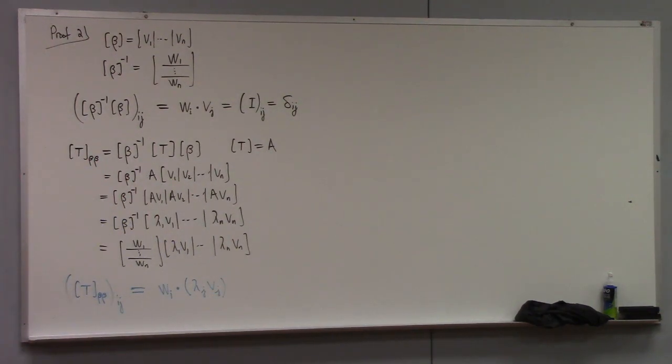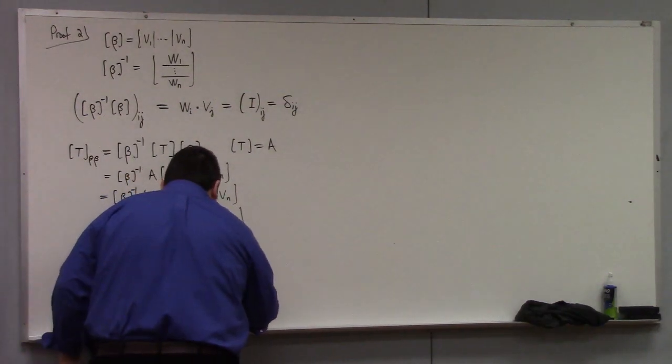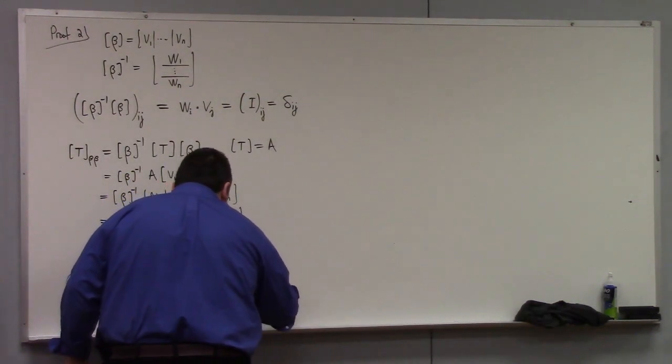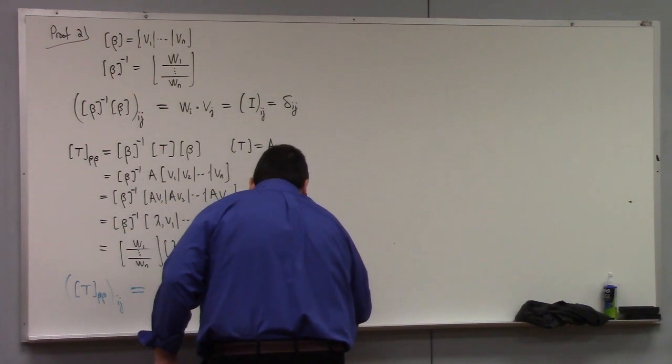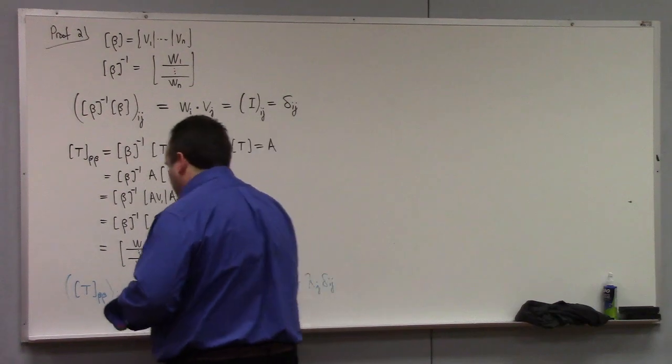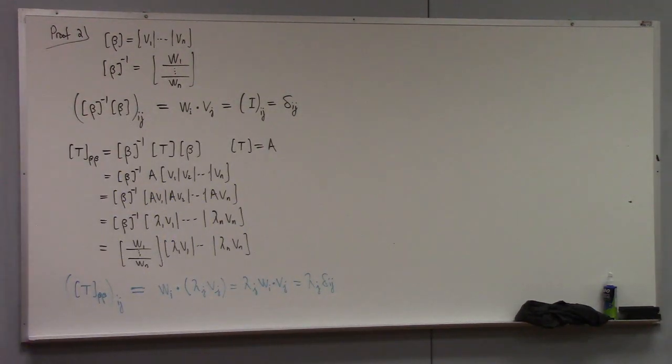But the constant pulls out of the dot product, right? And so what do we got? We've got exactly lambda j delta ij, which proves that the matrix is a diagonal matrix with the lambdas down the diagonal. So here are two separate proofs, well, I mean, they're kind of the same proof, but they look different, don't they?